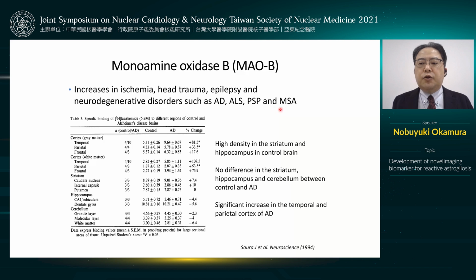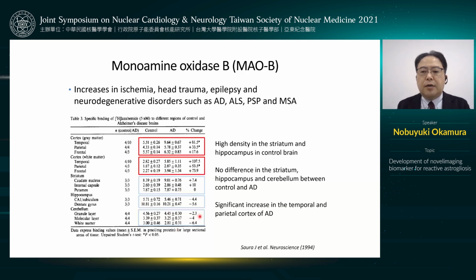The analysis of postmortem brain samples has shown the high density of monoamine oxidase B in the striatum and the hippocampus in control brain. In these areas, there is no difference of monoamine oxidase B density between control and AD brains.